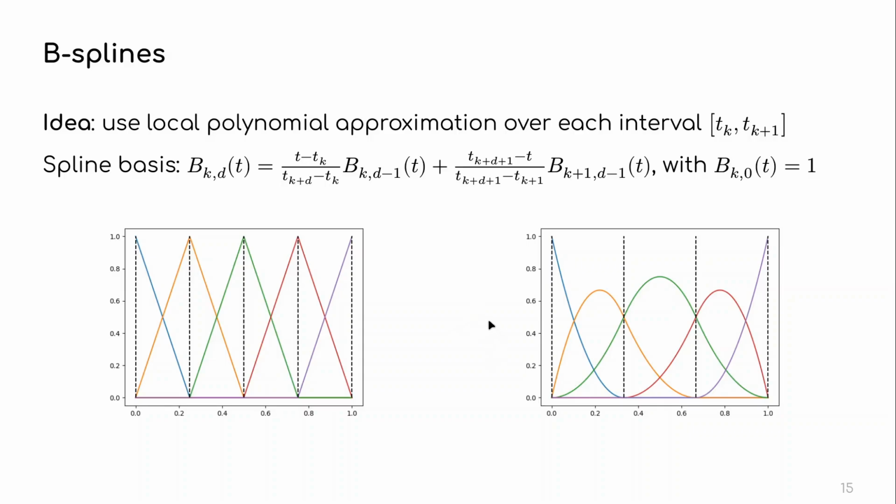The point is that using these pieces of functions, I get a nice basis that's reasonably easy to approximate. They have some nice structure. And importantly, I can tweak the number of intervals, and I can tweak the degree. So if let's say I absolutely want my data to be differentiable up to order k, then I can crank up the number k so that the degree is high enough.